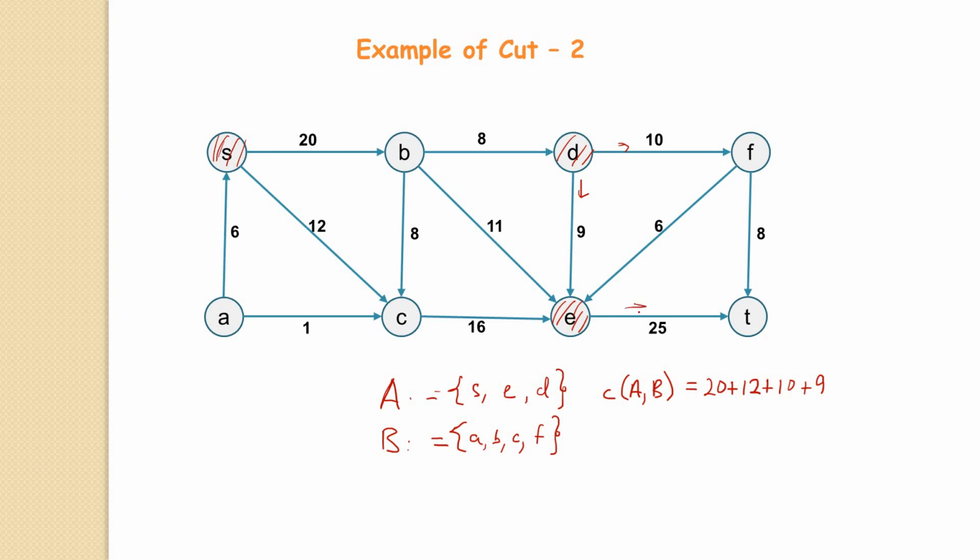Just one, which is this, plus 25. So if we sum it, we have 20 plus 12, 32, plus 10, 42, plus 9, 51, plus 25, that should be 76. So this is the capacity of this cut, right?